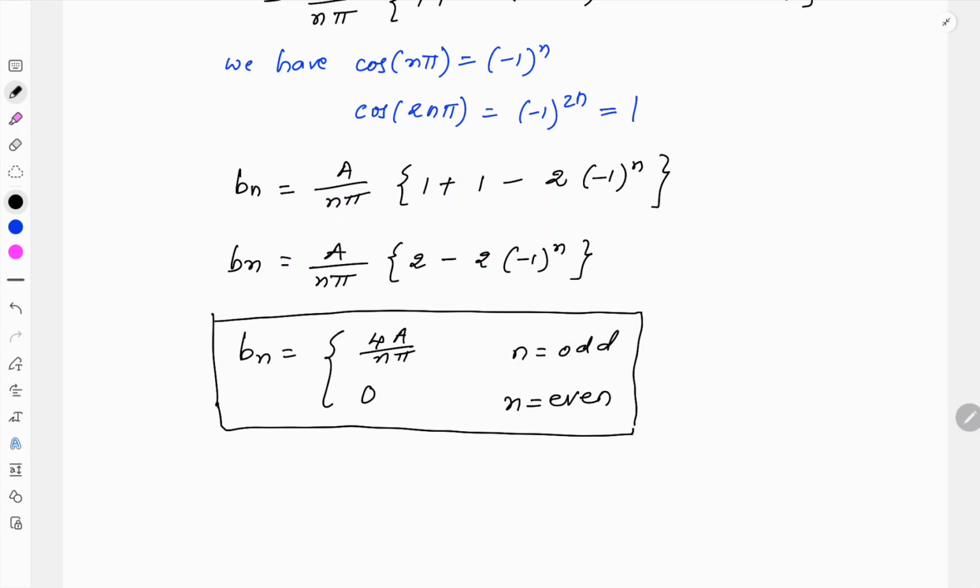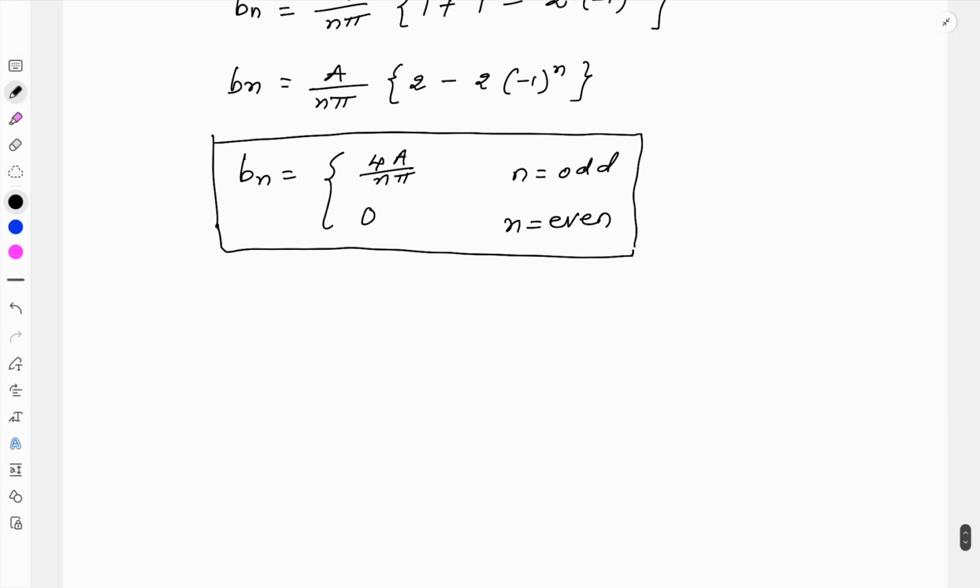So now we have obtained all the three coefficients. So we need to represent the final answer in terms of x of t. So we know that x of t is equal to a0, so a0 is 0, plus summation n equal to 1 to infinity an cos, an is 0, plus summation n equal to 1 to infinity bn, but our bn is now 4a upon n pi sine of n omega t.